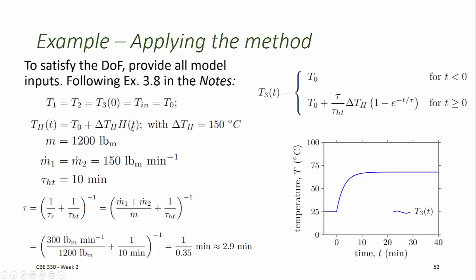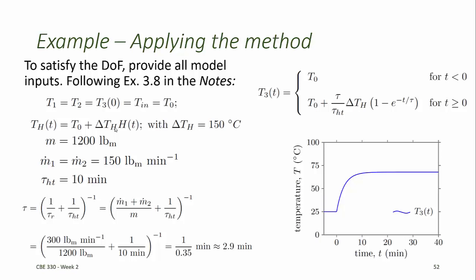Here, the function h of t is the Heaviside step function, which is a unit step. It takes a value of 0 for time less than 0 and a value of 1 for all time greater than or equal to 0. Multiplying the unit step function by delta Th suggests that there's a discontinuity in the heating fluid temperature.